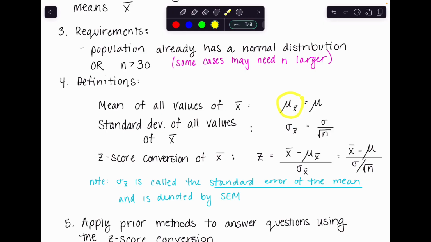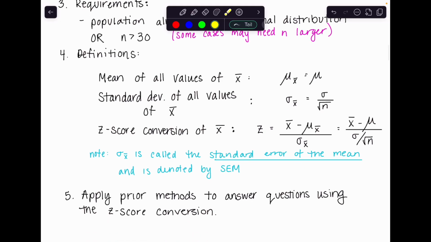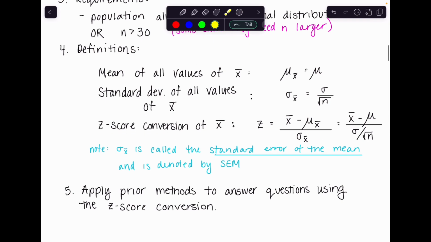For that sample, you subtract the sample mean and divide by the sample standard deviation. Then all of these prior methods that we used to answer questions with z-score conversions can be used from here. I know this process seems like a lot, but I promise in practice it's not too terrible. We're really just tying everything we've learned together.